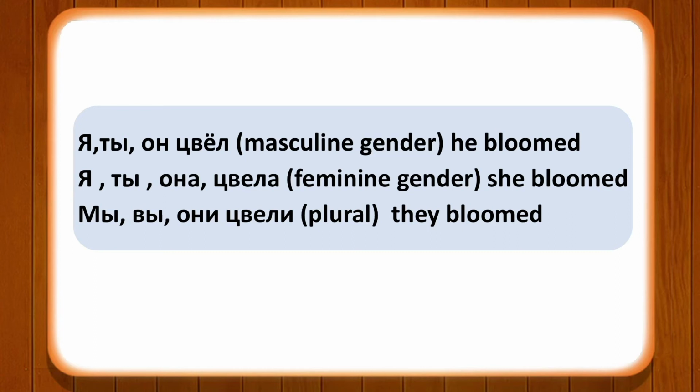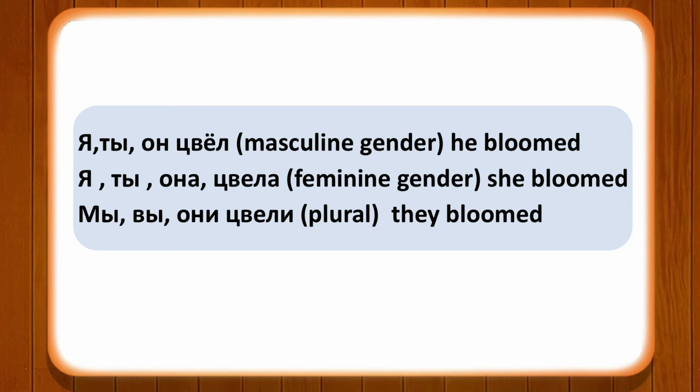Please pay attention to the stress. For masculine gender, yati on tsvyol. For feminine gender, yati ana tsvila. Stress is on the last vowel, a, tsvila. So it will be translated as I bloomed, you bloomed, or she bloomed for feminine gender.